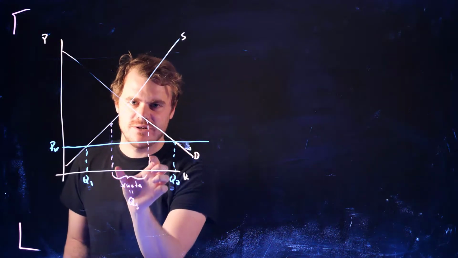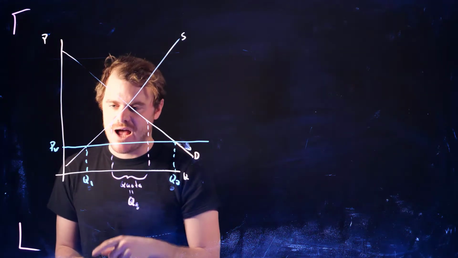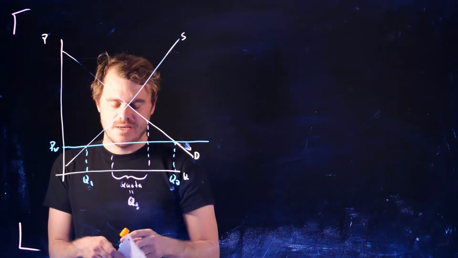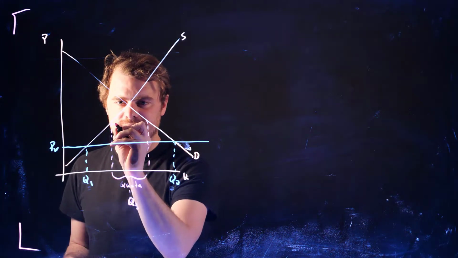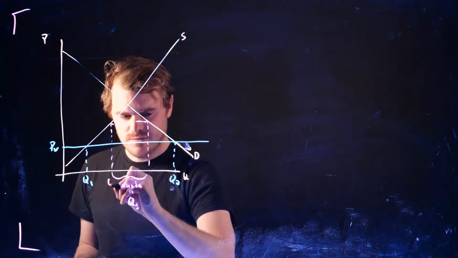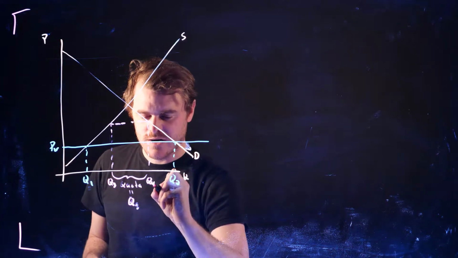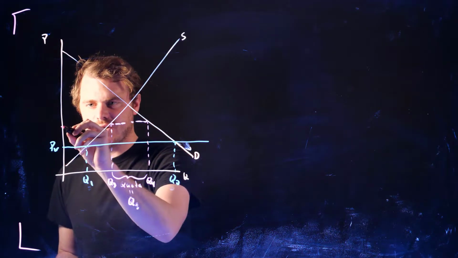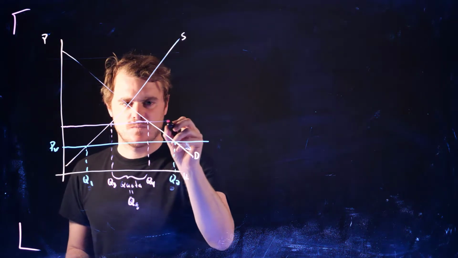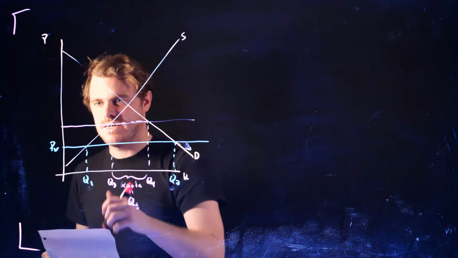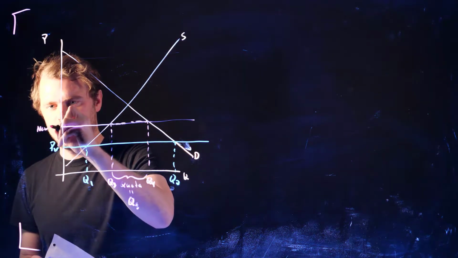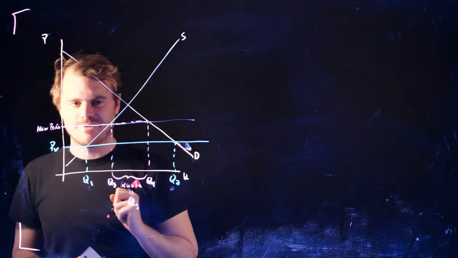And so what that's going to do is create a wedge between the domestic supply curve and the domestic demand curve equal to that amount. We label it Q3 and Q4, and this distance here is the quota. And so what that's going to do is raise the price in the domestic market. So this is the new price after the quota.